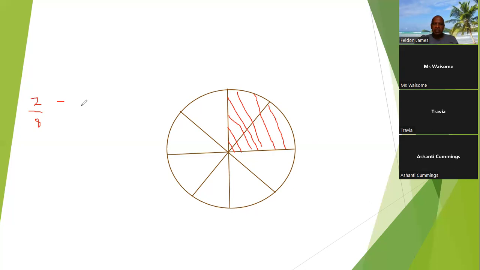So the 2 is generally the numerator. The numerator tells you how much part you have out of the whole. And this down here we call this what? The denominator. Now, nothing new. Everybody's supposed to know what they are doing.